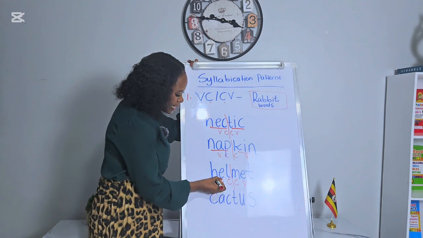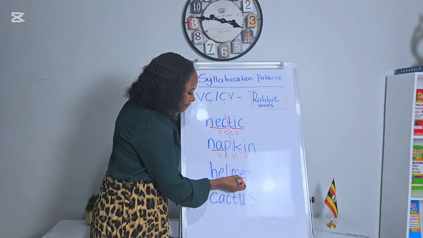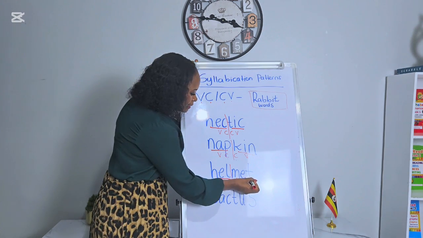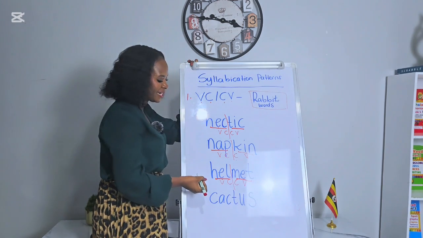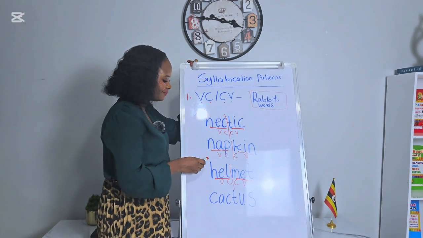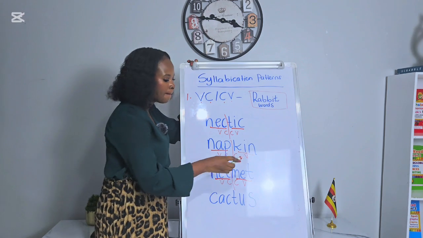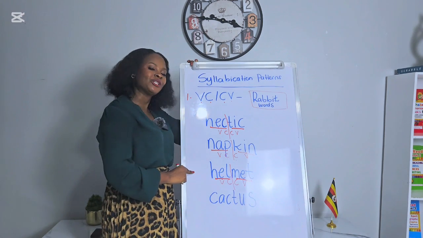L, blend, hell. Sound out the next part. Blend, met. Okay, we have two parts. Can you read the two different parts? Blend. Which one have you read?